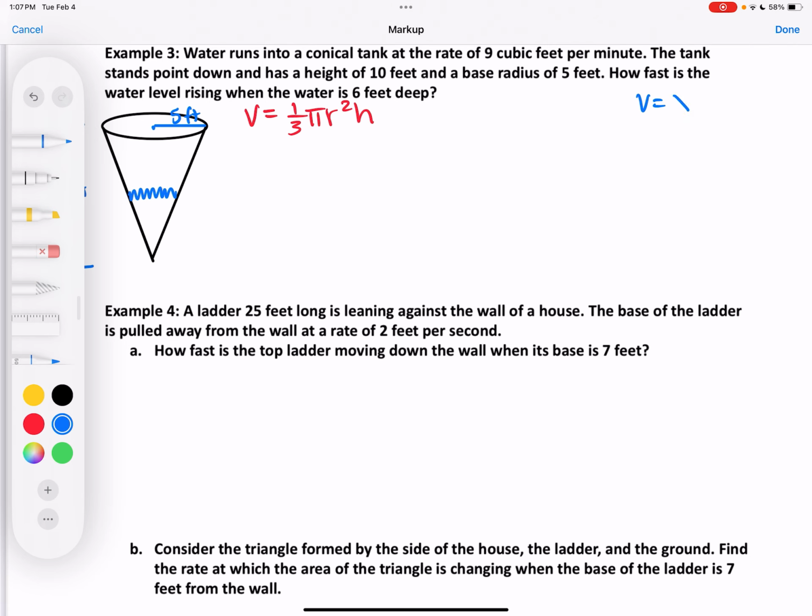So I'm going to just not fill it in. dV/dt is the rate at which the volume is changing. So that's 9 cubic feet per minute. So 9 feet cubed per minute. Now, we know the height of the water. It's at 6 feet.